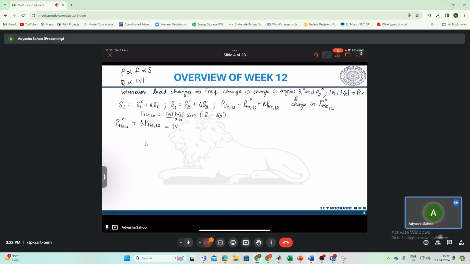I'll get V1 V2, they are fixed, line reactance will also not change, but sine of delta 1 plus del delta 1 minus delta 2 minus del delta 2.